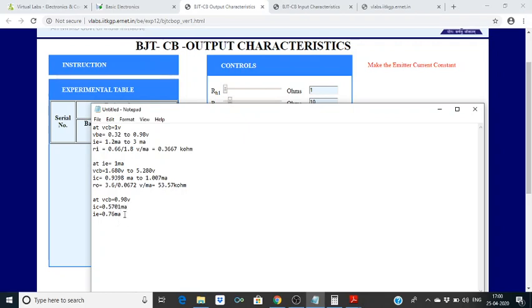So we will get alpha as 0.5701 divided by 0.76.